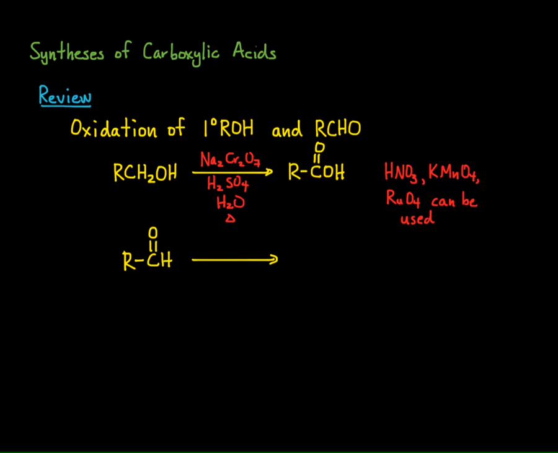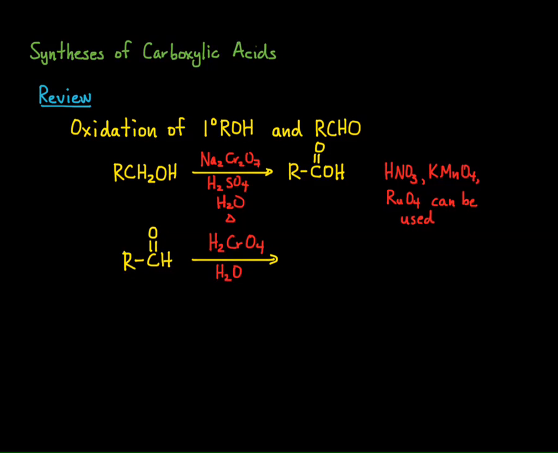Now likewise, we could take an aldehyde and oxidize it using the same reagents. So here I'm showing chromic acid. Instead of writing all the sodium dichromate, sulfuric acid, water, I could just write chromic acid, H2CrO4, and water. It does the same thing, just understand that we typically can't buy that.